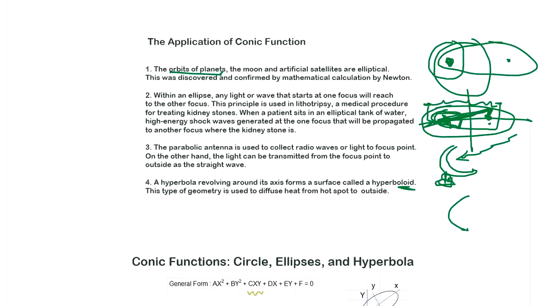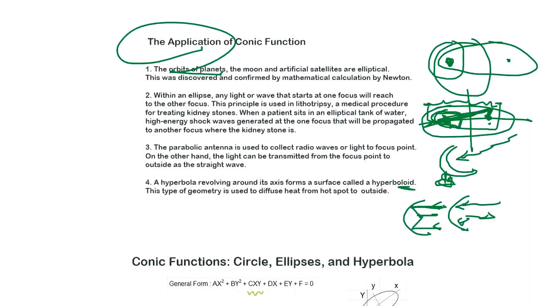Any heat that comes in is diffused. And also light comes in, bounces back, and hits this focus point. If it's parallel, it means the light is from far away, like a galaxy. So optical telescopes use the hyperbola shape. There are many applications for these. That's good to know, right?